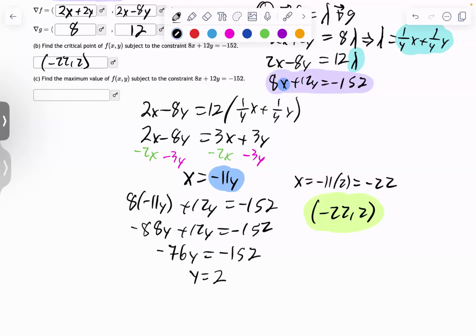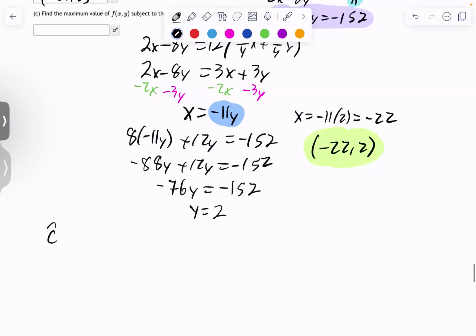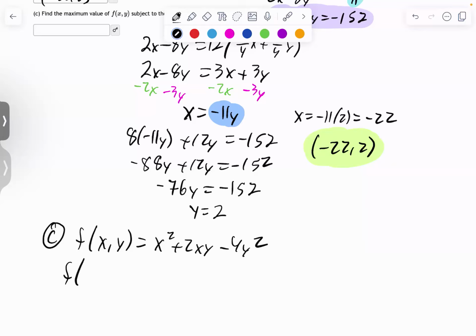So this is part C. We're going to find f of, this is our original function, x squared plus 2xy minus 4y squared. And we are now going to evaluate this at negative 22, 2, meaning when x equals negative 22 and y equals 2, what do we get?